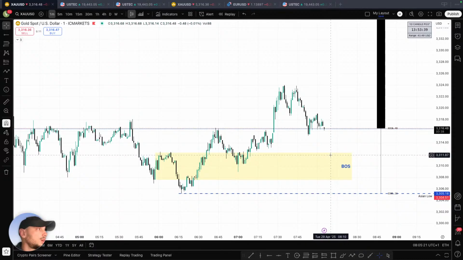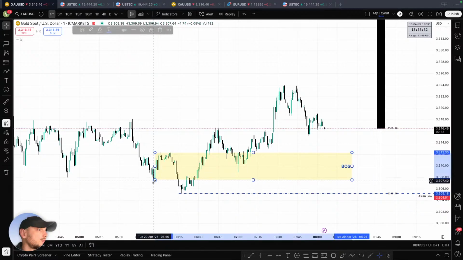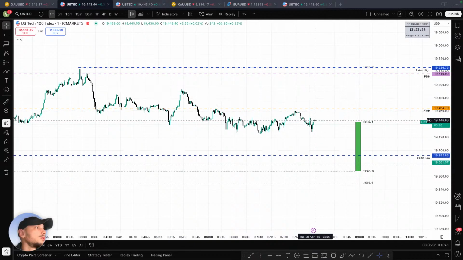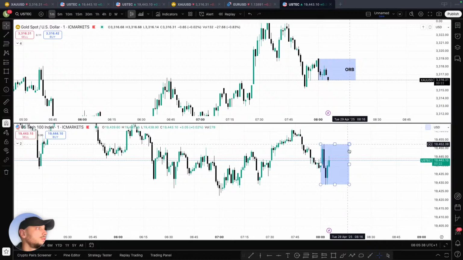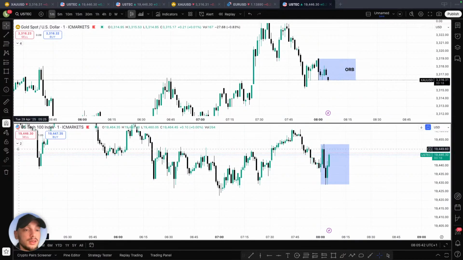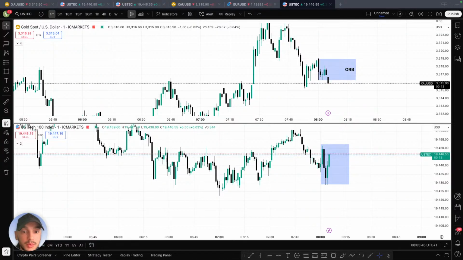And we need to be ready to move our stop loss if we reach this break of structure, if we go short. Nasdaq, we expect to go below the ORB. So I want to see how it breaks below. 20 seconds. Okay, gold is going down. I'm preparing my cTrader for gold.